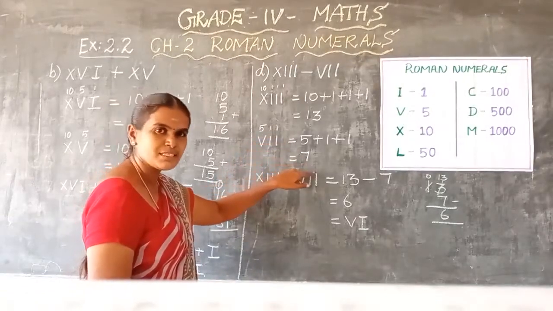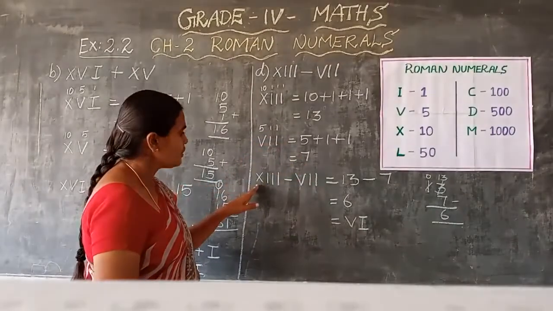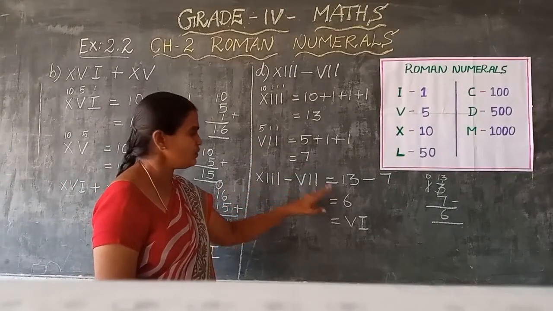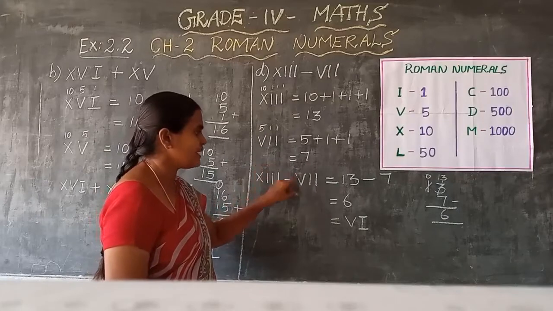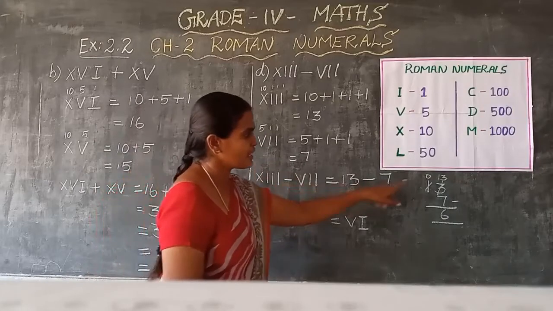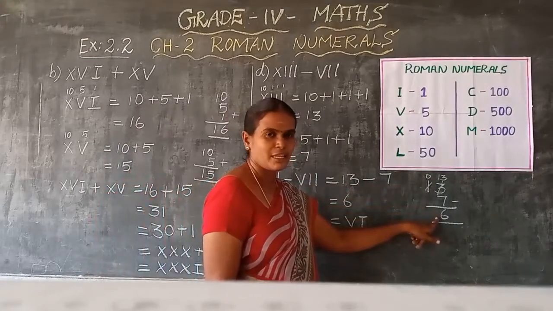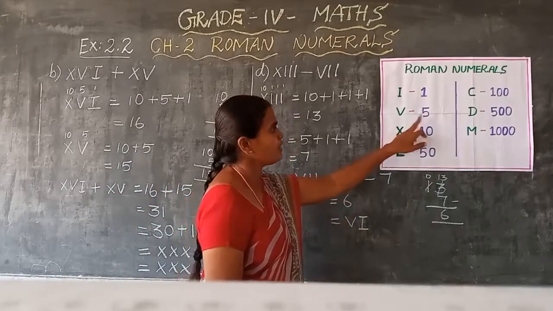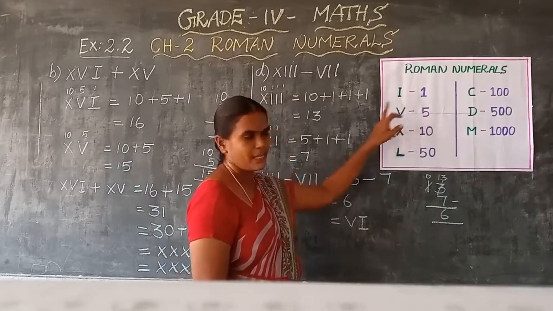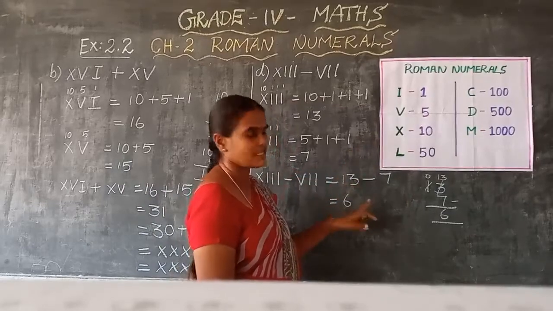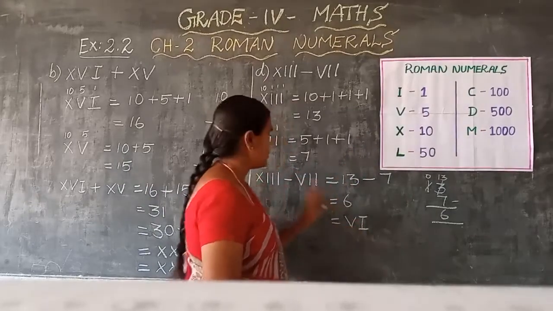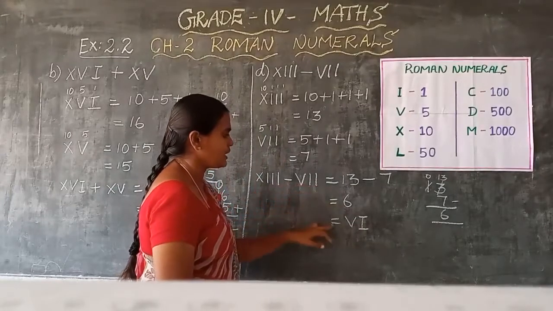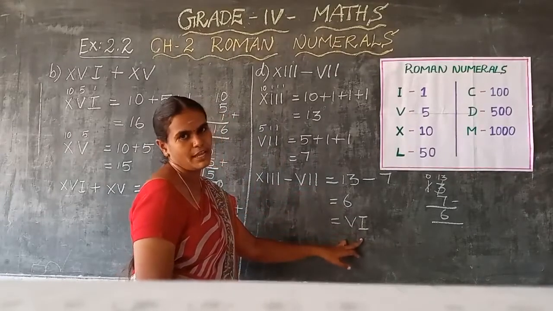We get answer 7. So XII minus VII is 13 minus 7, which gives 6. 6 means 5 plus 1, 5 means V, 1 means I. So VI. XII minus VII equals VI.